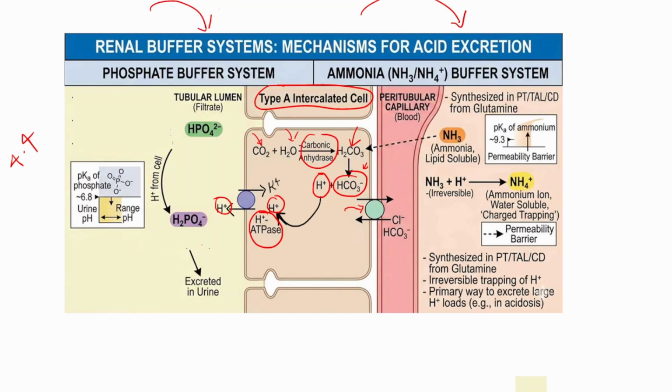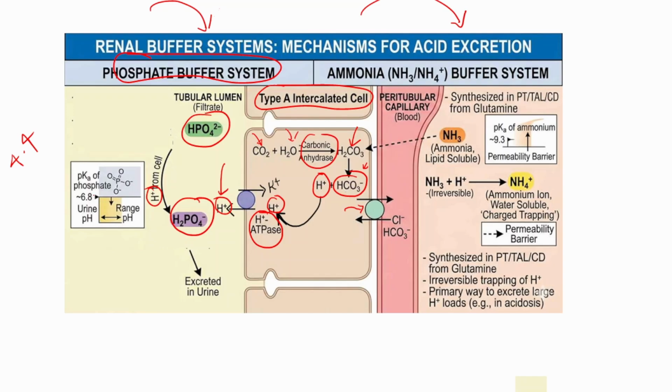Now let's look at our first system, the phosphate buffer. Monohydrogen phosphate is filtered at the glomerulus and runs down the tubule. When it encounters that freshly secreted proton from our ATPase pump, they combine. They turn into dihydrogen phosphate, and we call this titratable acidity. Look at the high yield node on the far left.